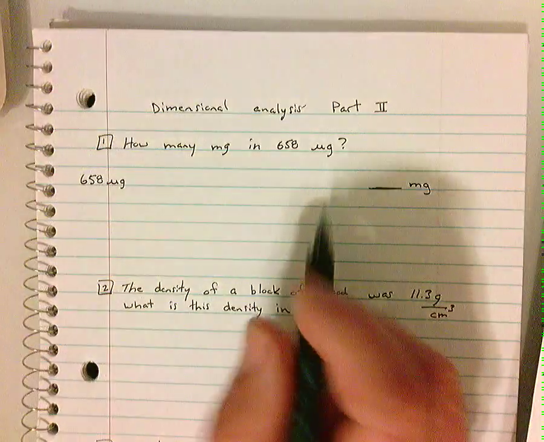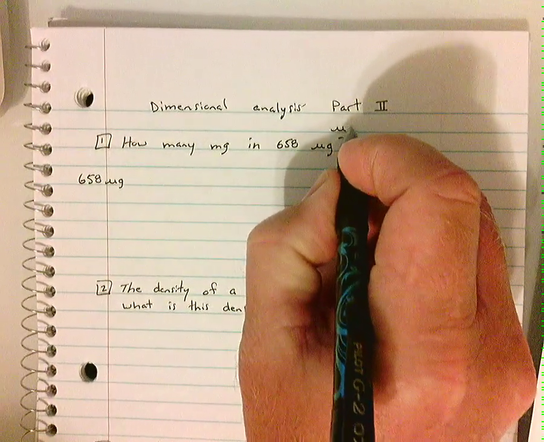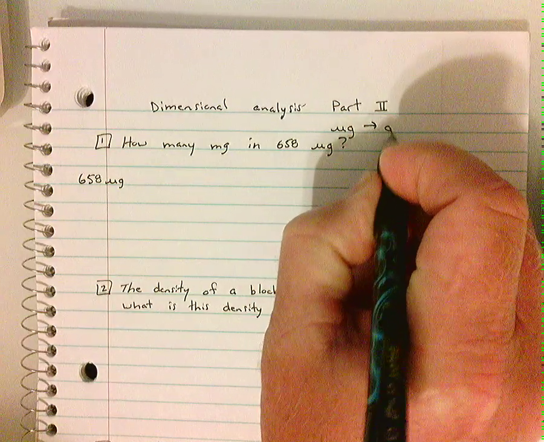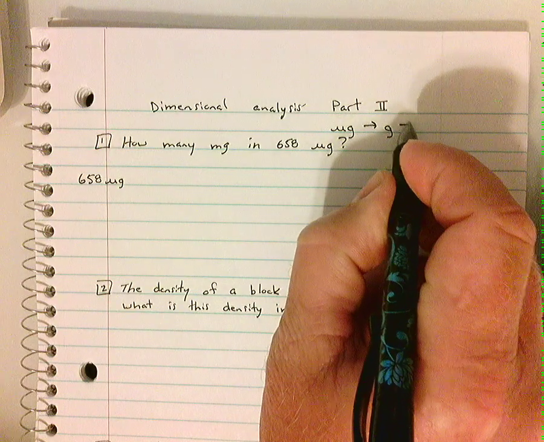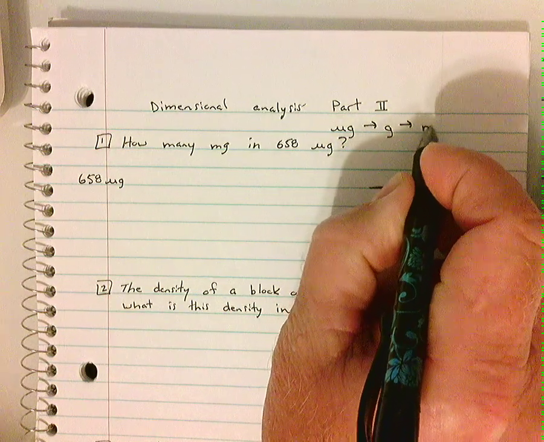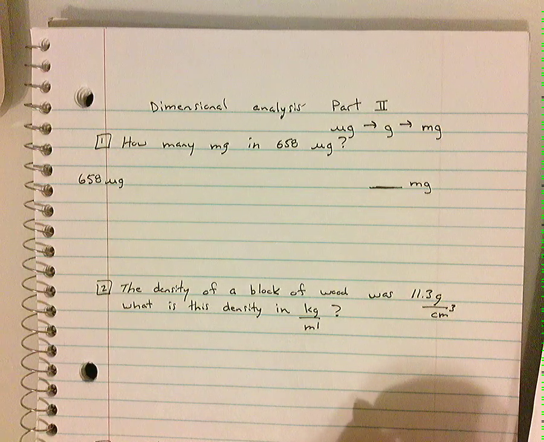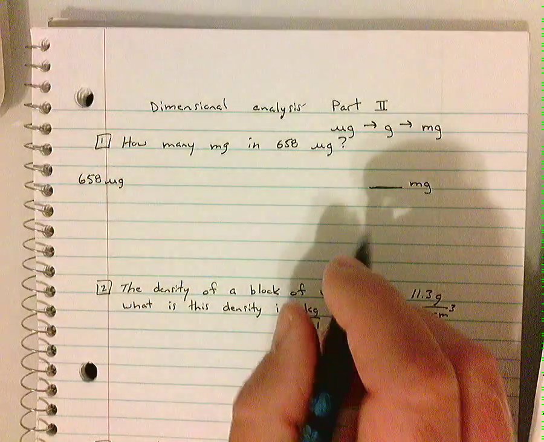So we're going to convert, in this case, we're first going to go from micrograms into grams. And then once we are at grams, we're going to go ahead and convert into milligrams. And the conversion factors that we're going to use to do that are as follows.